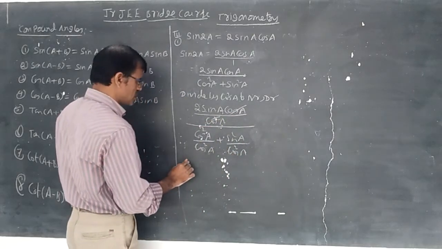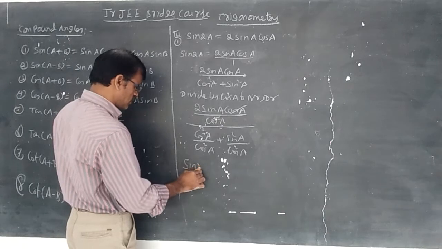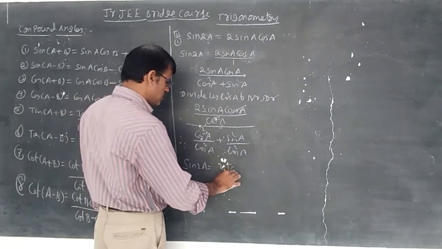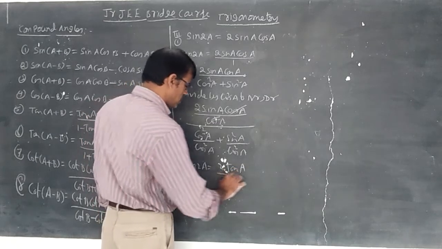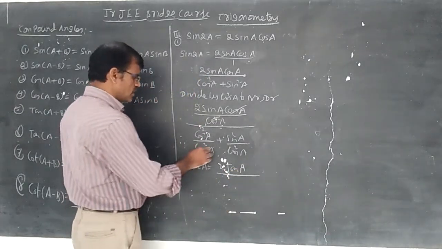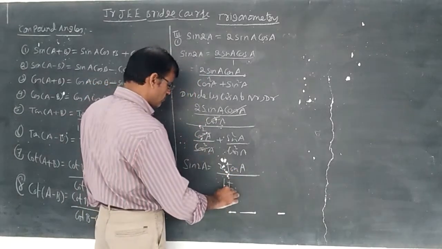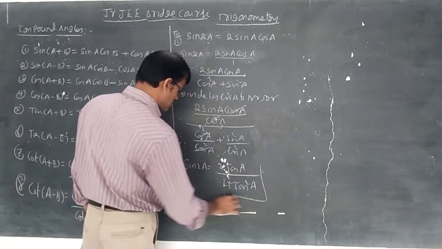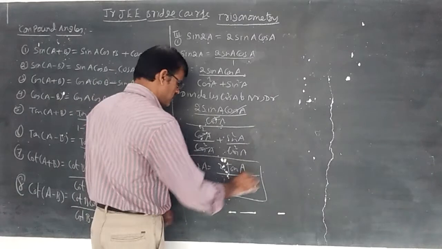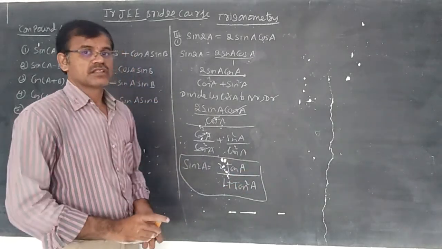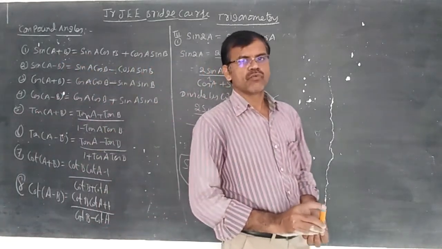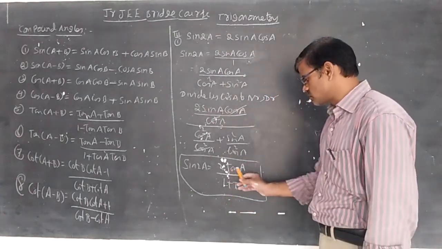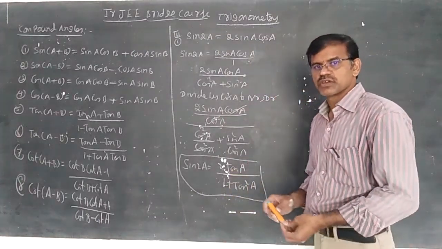Now you can understand this formula as sin 2A is equal to 2 sin A by cos A. Sin A by cos A becomes tan A, and cos square A gets cancelled as 1, and sin square A by cos square A becomes tan square A, so 1 plus tan square A. You can observe that the formula sin 2A we got in terms of tan is 2 tan A by 1 plus tan square A.